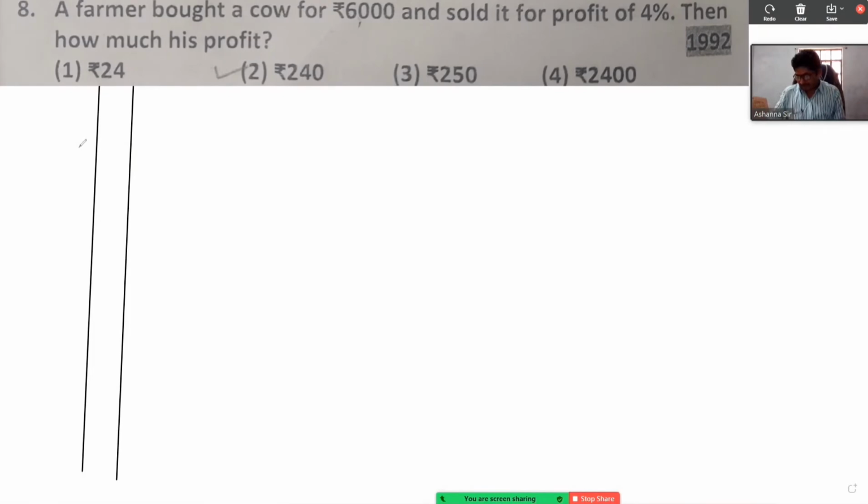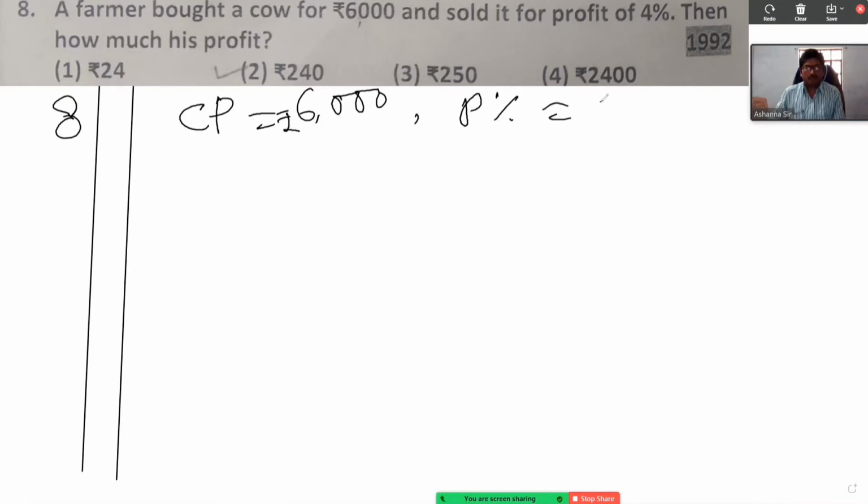Question number 8. A farmer bought a cow for 6,000 and sold it for a profit of 4%. Then how much is the profit? Cost price 6,000 rupees, profit percent 4%.